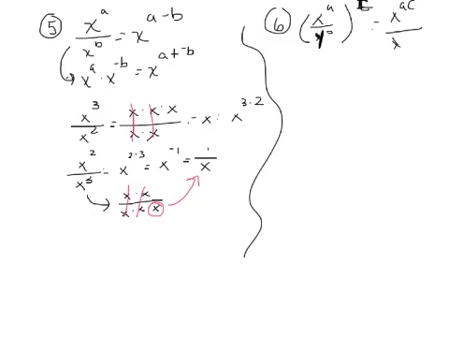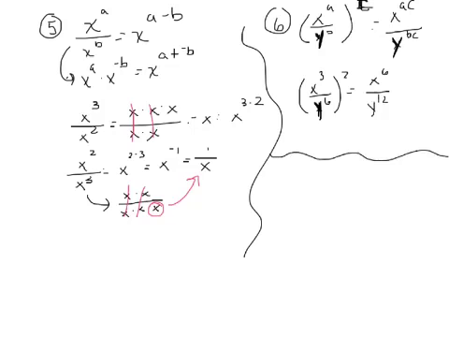So let's say these are different numbers. If I have x to the 3rd over y to the 6th being squared, once again I would repeat that and I would end up with x to the 6th over y to the 12th.